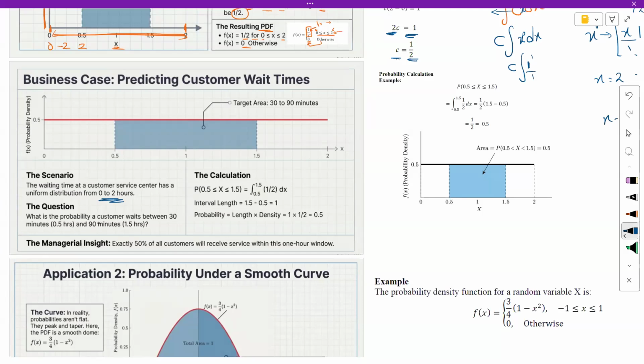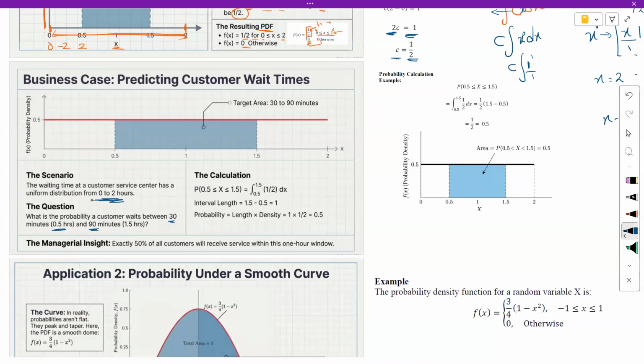The question: what is the probability a customer waits between 30 minutes and 90 minutes, or half an hour to 1.5 hours? So normally the range is 0 to maximum 2 hours.